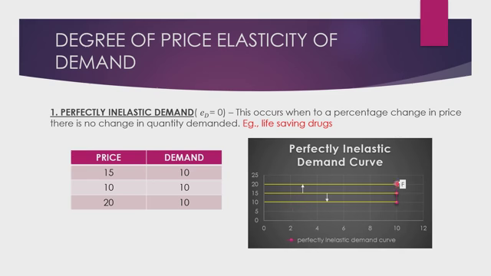You can see that the demand curve is parallel to the y-axis. This is one of the features of perfectly inelastic demand. In this case the demand curve lies parallel to the y-axis. This pink line is your demand curve, and it is parallel to the y-axis. So this is perfectly inelastic demand.